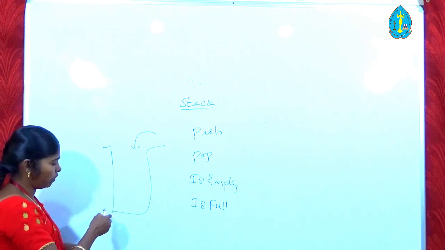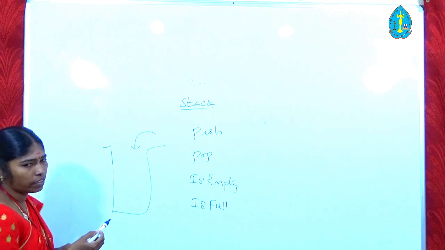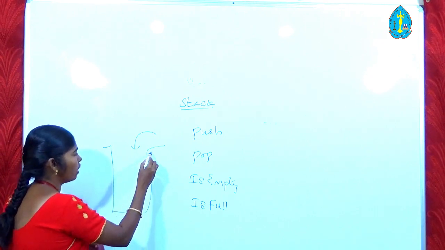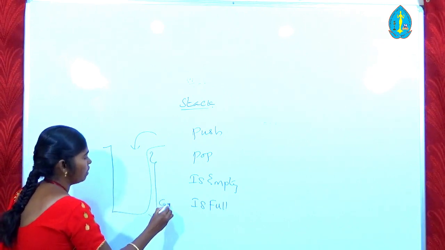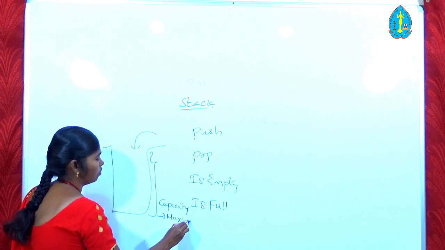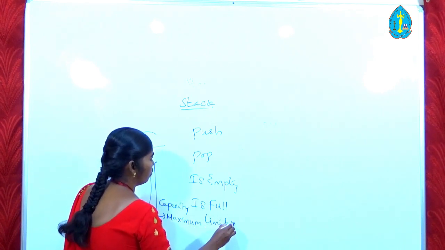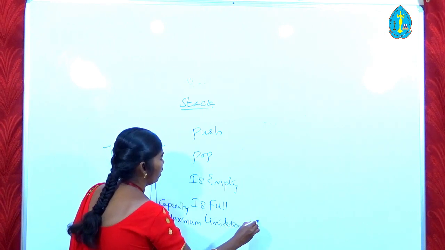The bottom of the stack is sealed. Next, a stack may have a storage capacity. The capacity is the maximum number of elements, the maximum limit for storing the data.